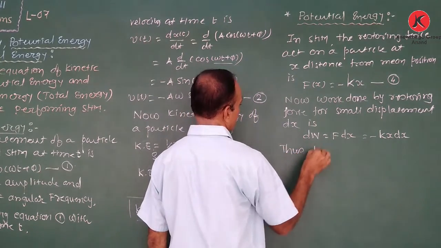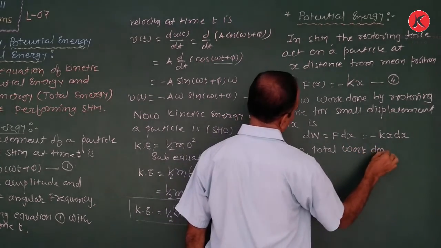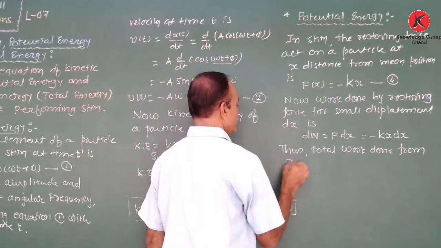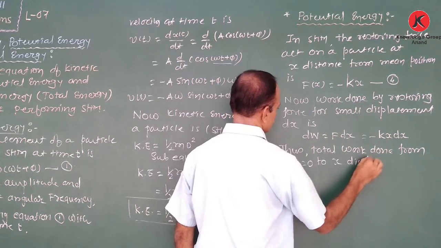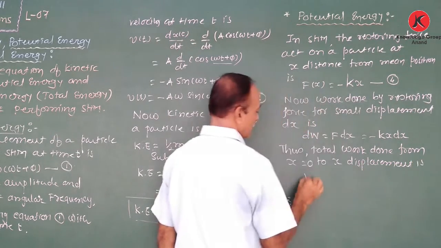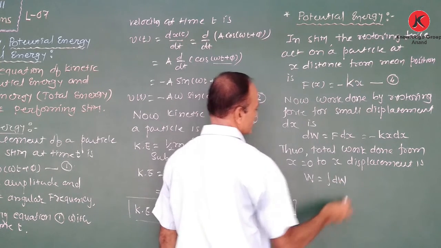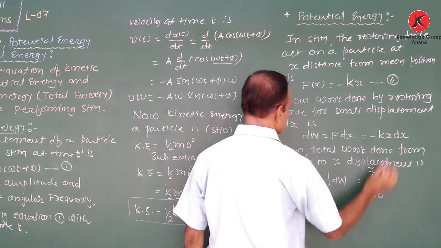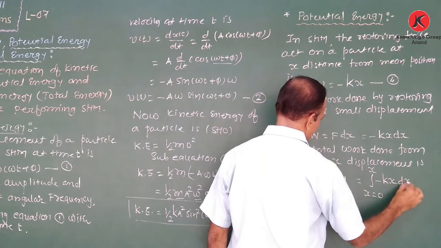Thus, total work done from x is equal to 0 to x displacement is W is equal to integration of dW is equal to integration from x is equal to 0 to x of minus kx dx.